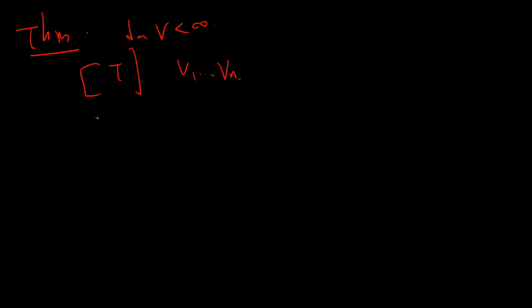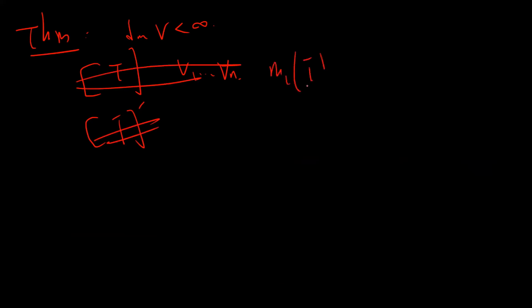Okay, so the final theorem. This theorem tells me that if V is finite dimensional, and T has a basis V1 to Vn and another basis V1 prime to Vn prime, let me just change the notation. So M1(T) is one representation of the matrix with the basis V1 to Vn, and M2(T) is another with V1 prime to Vn prime.